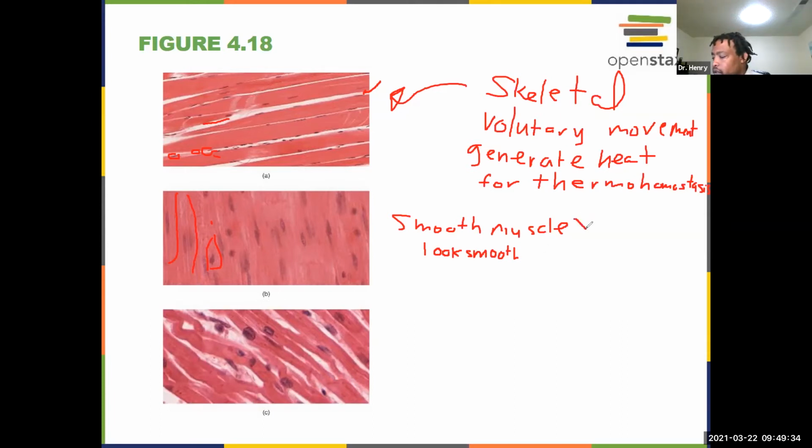So what is smooth muscle for? I'm sorry, that isn't even smooth muscle. Oh, it is the smooth muscle, sorry. What is smooth muscle for?